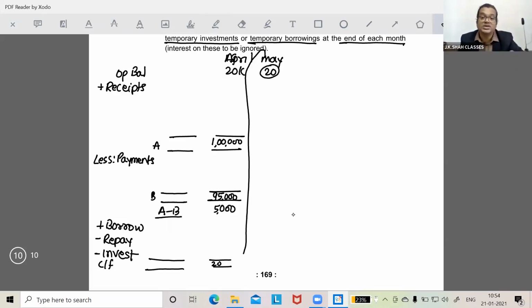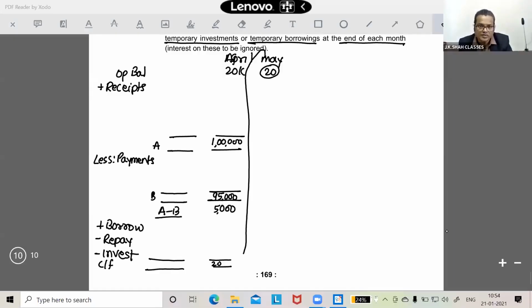So what we will do in this scenario, we'll borrow, we'll repay, we'll invest. We'll borrow, everybody agrees on that, right? And we'll borrow how much? 15, right? So here I will make a borrowal of 15. So the balance will become 20. Fine, I carry it over here.